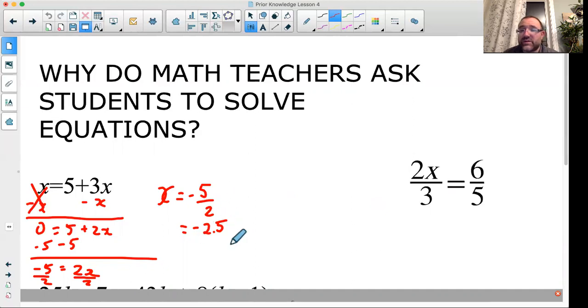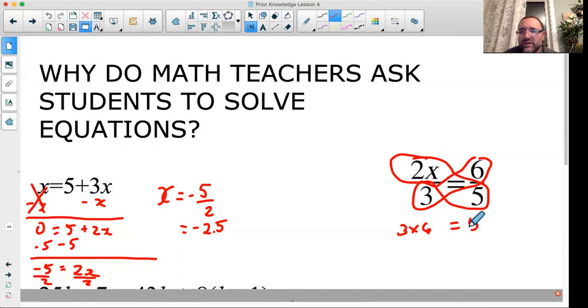So we can consider that to be a rational number. Over here, you will realize we have a variable only on the left-hand side, but it's in a fraction, and there's another fraction over here too. One of the things that teachers have taught in the past is cross multiply and then divide if need be. And in this case, we will. So 3 times 6 equals 5 times 2x.